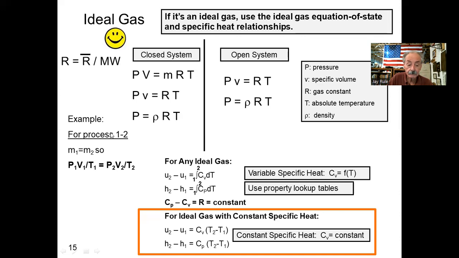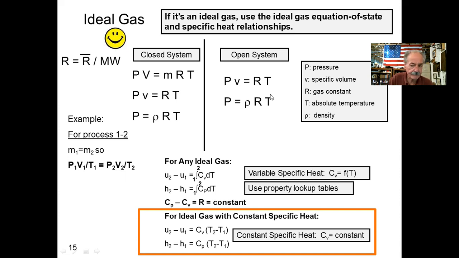So the jingle for closed systems, here on the left-hand part of the screen, since the mass is constant, is P1 V1 over T1 equals P2 V2 over T2. Very powerful, but only for closed systems that are dealing with ideal gases.